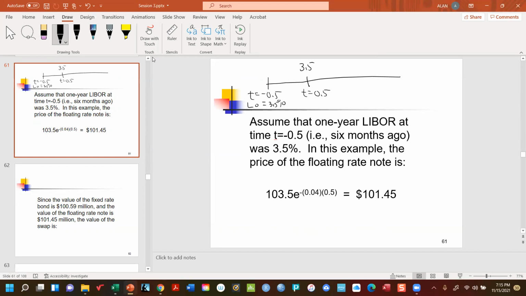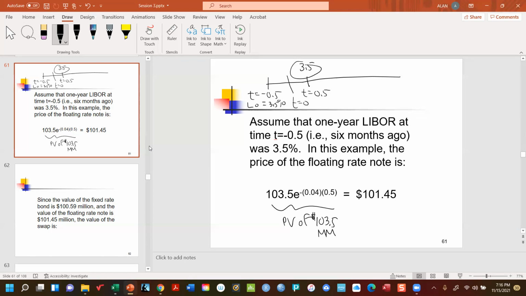But the bond is assumed to be worth 100%, that is. So what they're going to do is say, well, guess what? As of today, the bond that has a face value of, in this case, 100 plus a $3.5 million coupon is worth today to us the present value of $103.5 million.